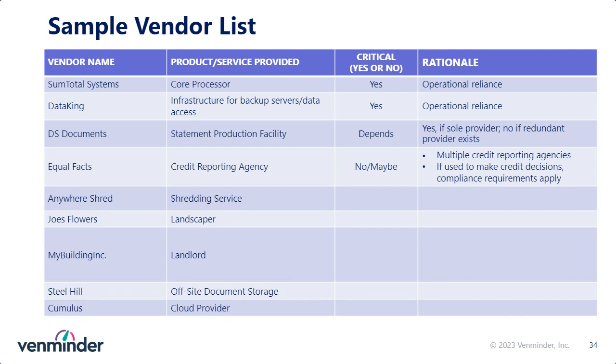Now let's talk about Equifax, which in this case is a credit reporting agency like a TransUnion or an Equifax. Again, this could be or could not be depending on a few components. One, is it the only one that you're using? So maybe like the example that we cited earlier in the presentation, you've selected one credit agency, you've integrated them into all your systems, you're using them to make credit decisions.